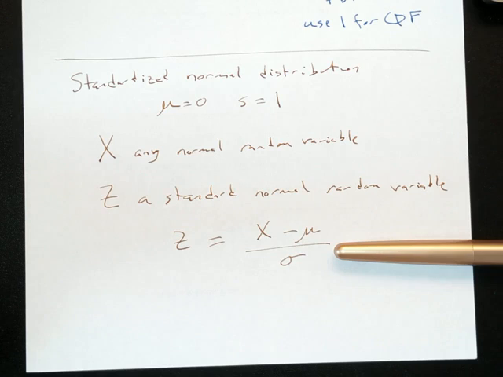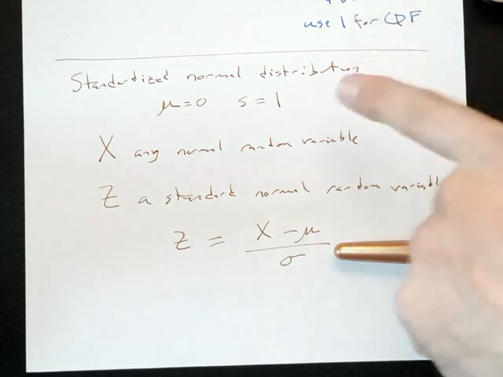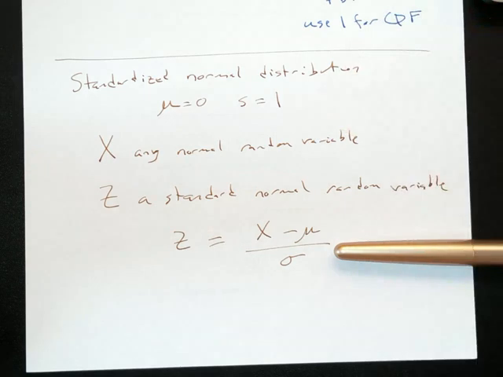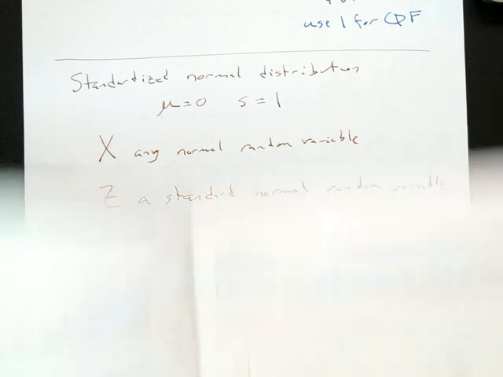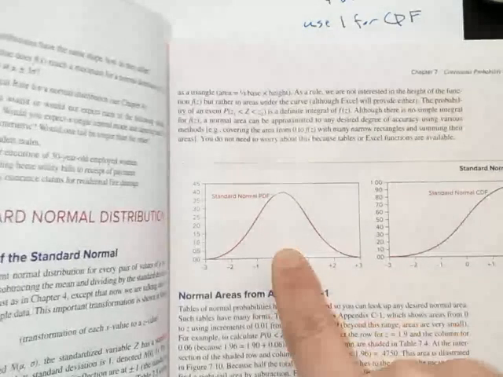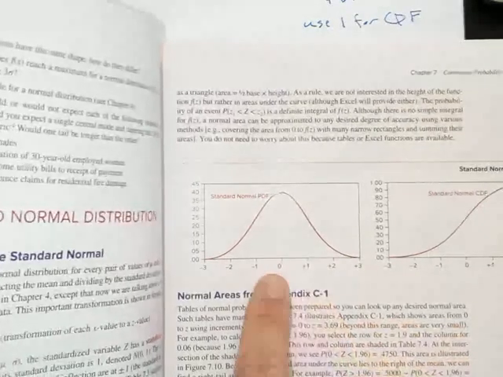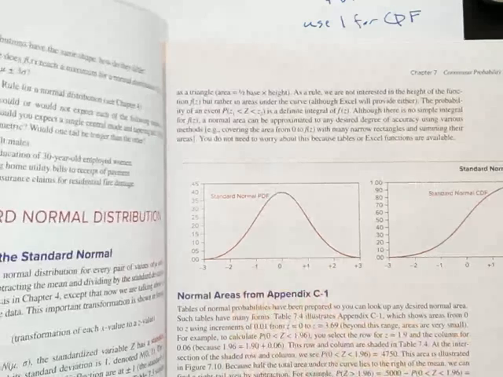And instead of dealing with the amount of the original distribution, you deal with the standard normal. That actually allows us to use the one curve.